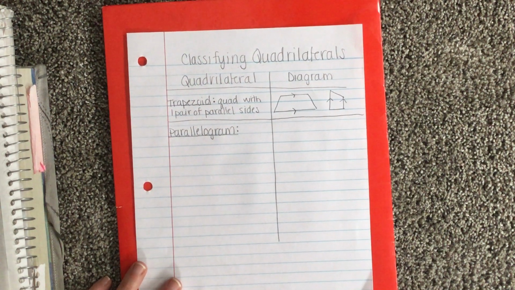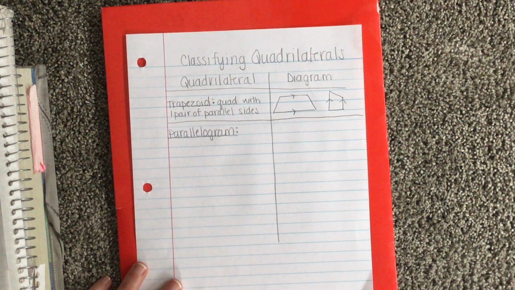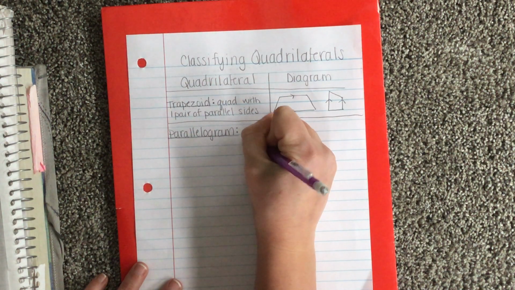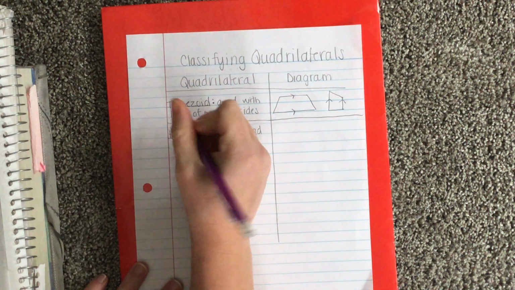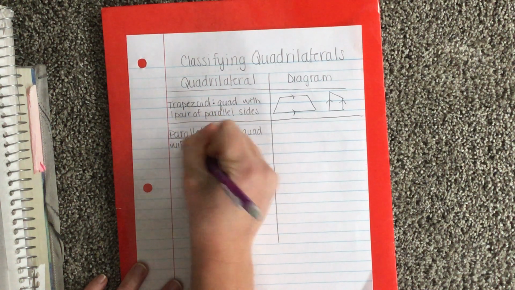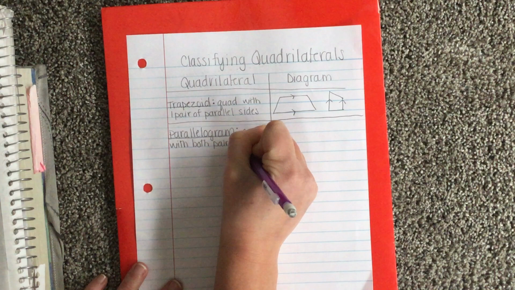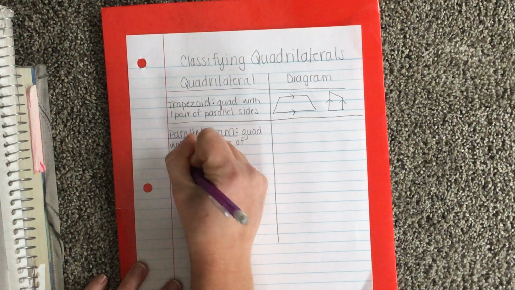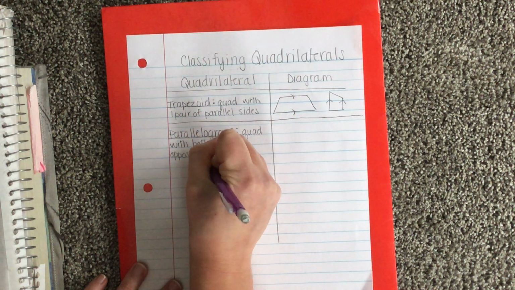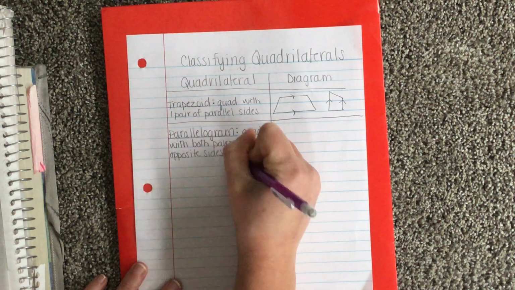A parallelogram is a quadrilateral with both pairs of opposite sides parallel.